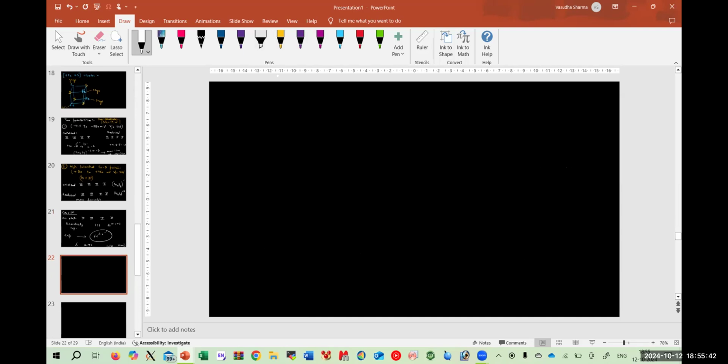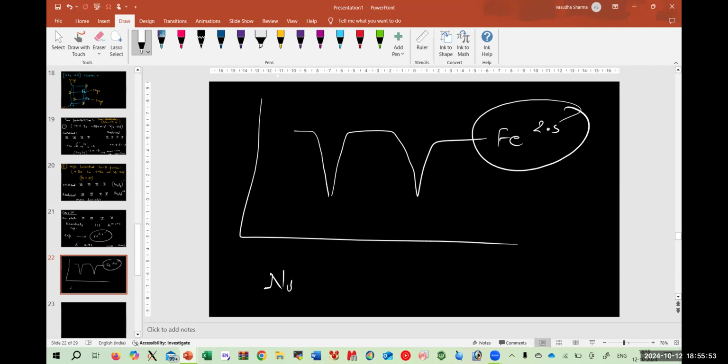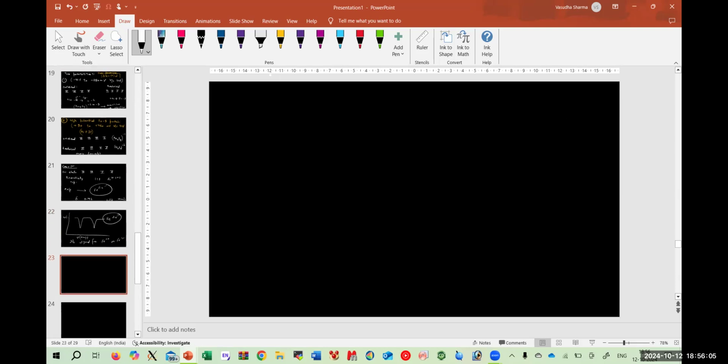So we only see iron 2.5 and no signal for Fe2+ or Fe3+, right?